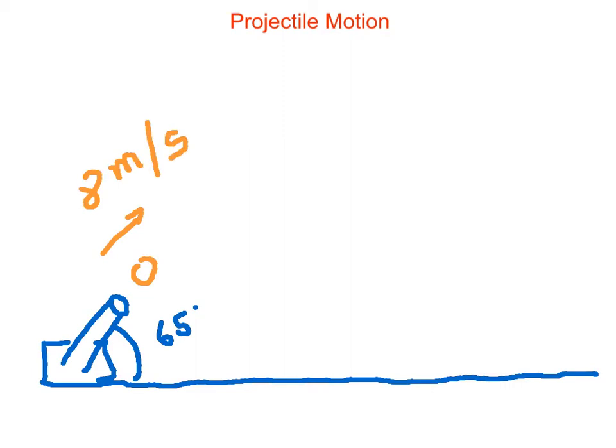So this is the data that we have. What they are asking us to find is what is the vertical component of this velocity.